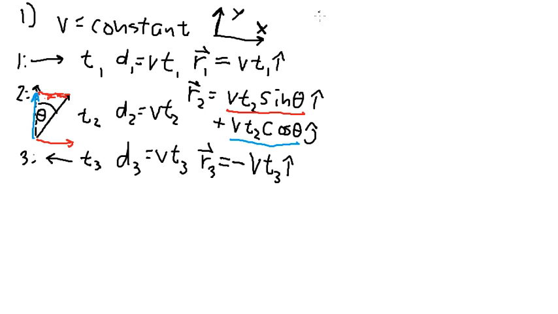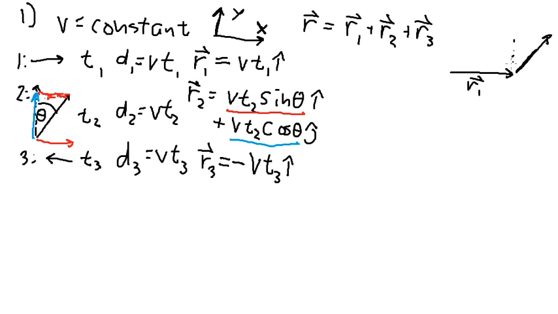All right, so now we can put this together and get the whole displacement. I'm going to say R is R1 plus R2 plus R3. Just to put a little picture on this, this is R1 here, going straight to the east. Then for the second leg of the trip, it was going at some angle theta, and this vector is R2.